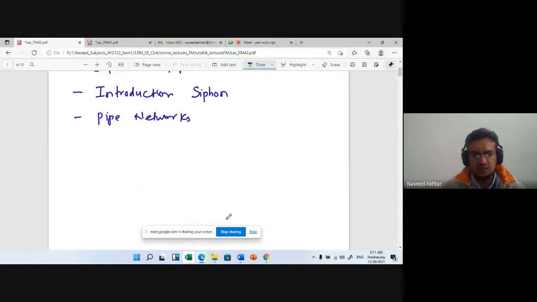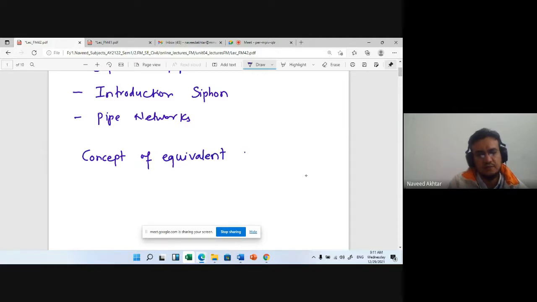So what is Dupuit's equation? For that we will see the concept of equivalent pipe. What does equivalent pipe mean? Mostly a compound pipe consisting of several pipes of varying diameter and length is to be replaced by a pipe of uniform diameter, which is known as the equivalent pipe.